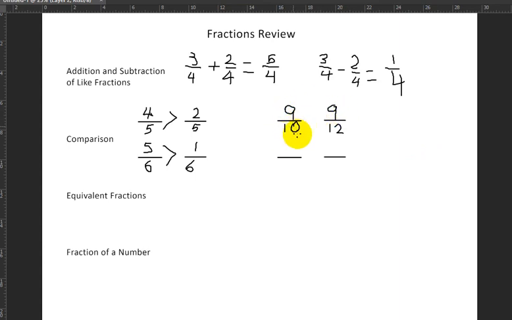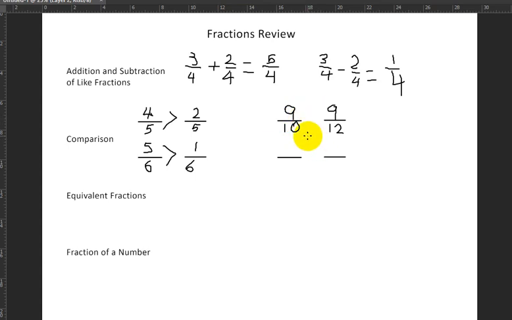But this pizza is cut in 10, whereas this pizza is cut in 12. So 9 pieces from this pizza are less pizza overall than this one, where there's 10 pieces, so the pieces are bigger basically, right?